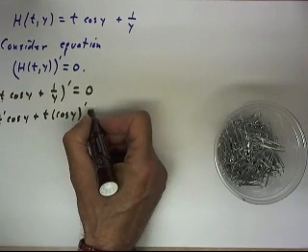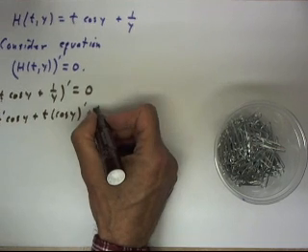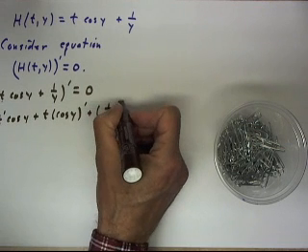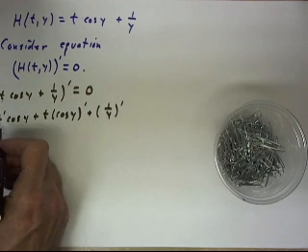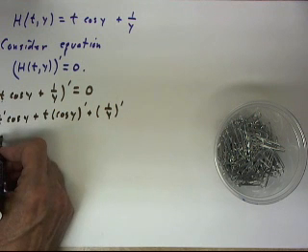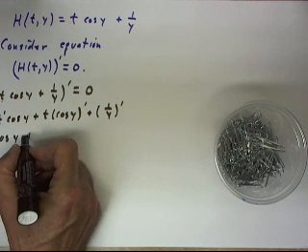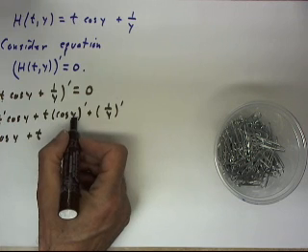so that's going to be (t cos y + 1/y)' equal to 0. Now taking the derivative of t cos y, we have t' cos y plus t times the derivative of cos y, and then that's plus the derivative of 1/y. t' is just 1, so this gives us cos y.